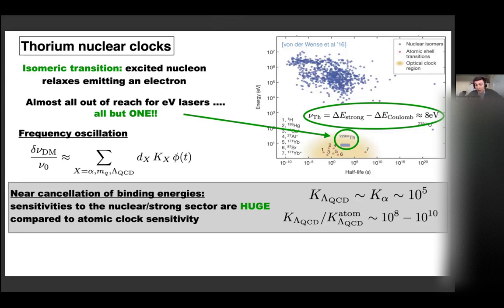Essentially, sometimes up to 10 to the 8 to 10 to the 10 more sensitive than atomic clocks used to be for the same sector. So it turns out that it's also a very high sensitivity factor for the variations of the fine structure constant, but at least in atomic clocks, there was a much higher sensitivity to alpha variations before.